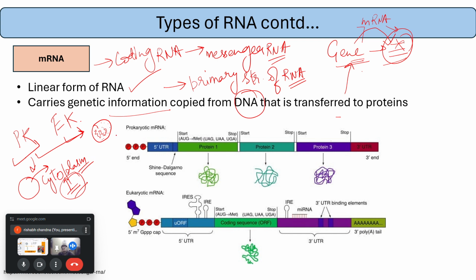Because prokaryotes are small organisms, to reduce the energy consumption, in the case of prokaryotes there is a system of operons. So what are operons? In the prokaryotic system, the different proteins or different genes that have similar function are arranged together.